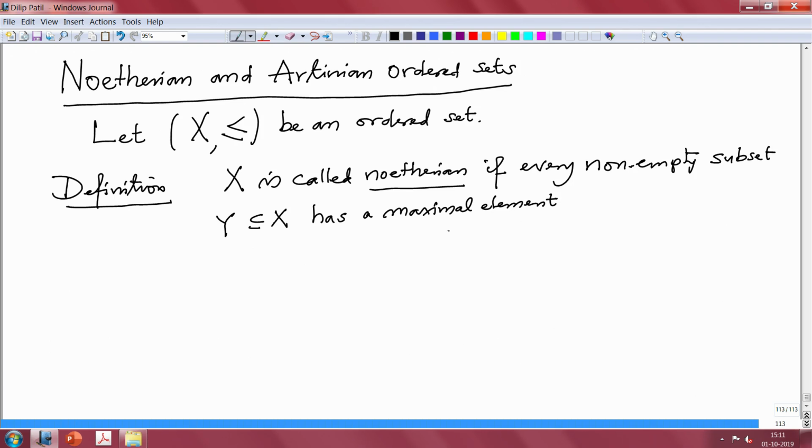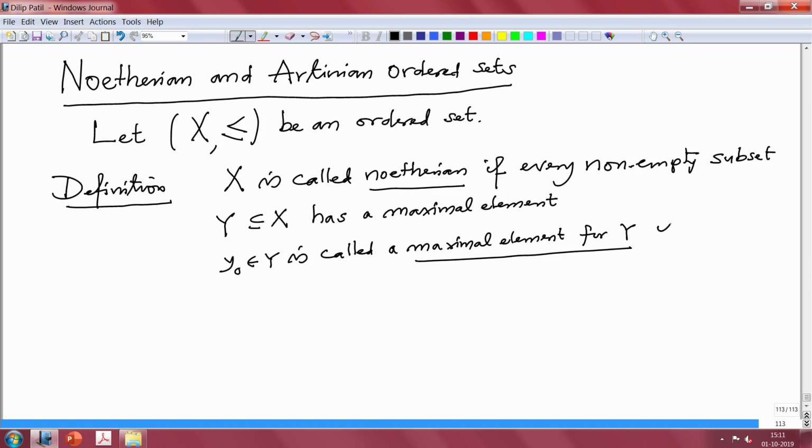Note that a maximal element means, y naught in y is called a maximal element for y if there is nobody bigger than y naught.